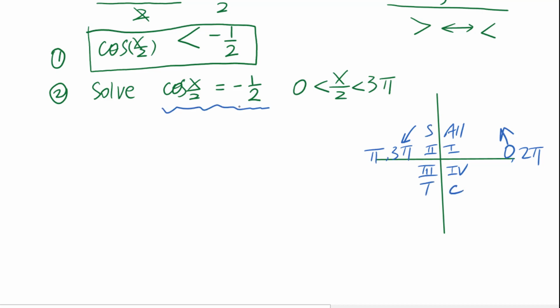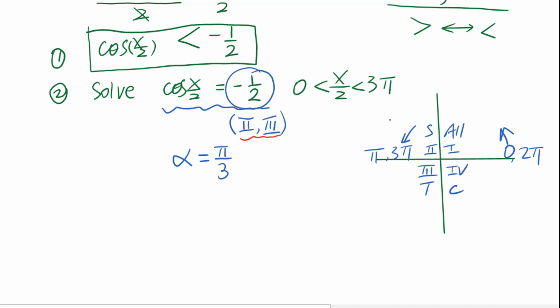For this equation, since this is -1 over 2, it will go to quadrants 2 and 3. And we know the reference angle is pi over 3, which means it's 60 degrees.